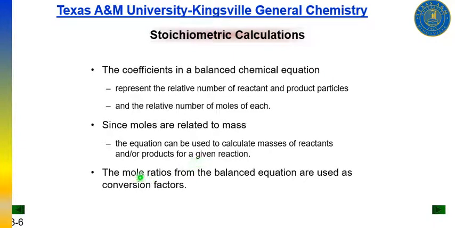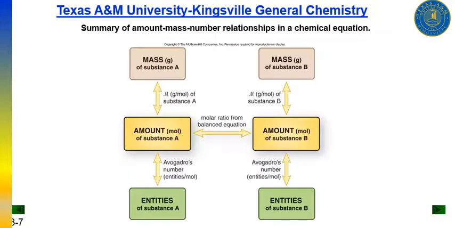So the molar ratios from the balanced equation are going to be used as the conversion factors. So how do you do this conversion? Again, mass to moles, moles to entities, moles to mass, moles to entities. What you can see, the number of moles of your reactant and the product are the bridge.